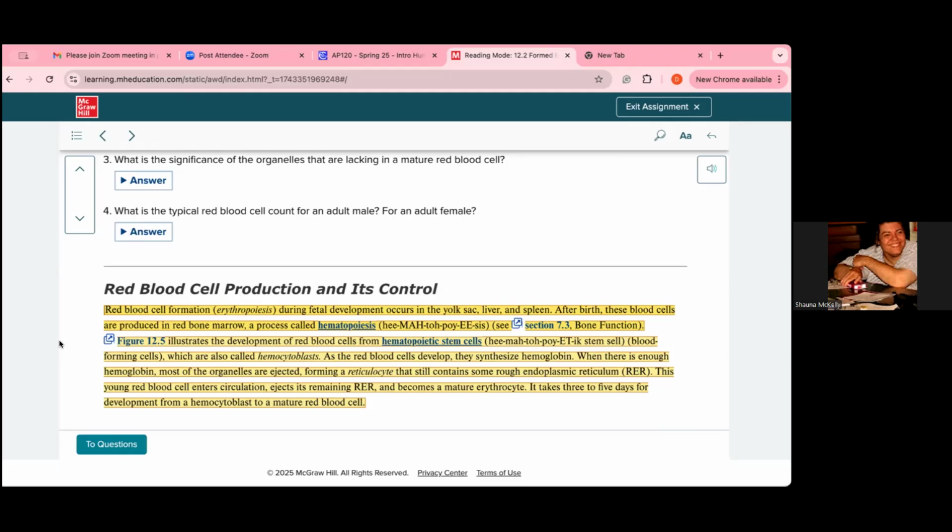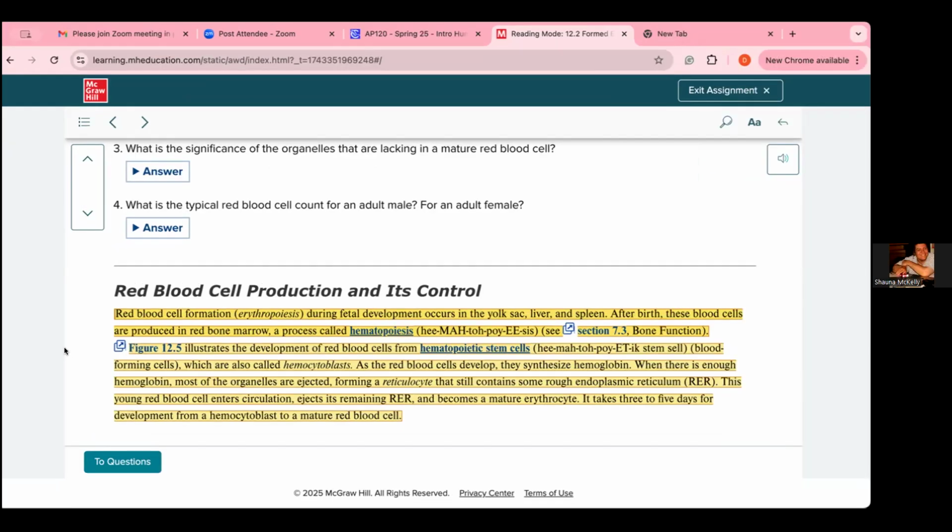Okay, so the fetal development of red blood cell formation is erythropoiesis. And after birth, it's hematopoiesis.